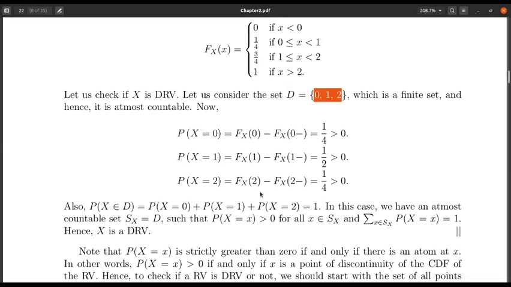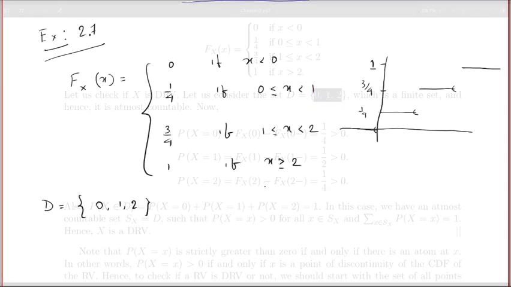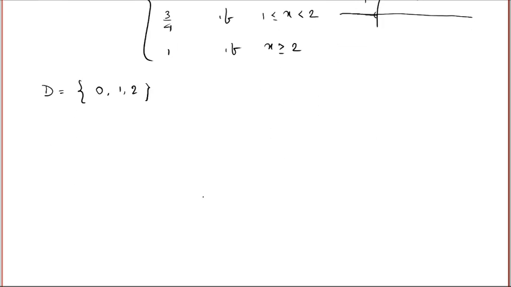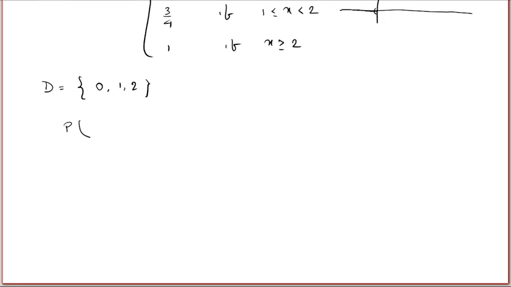In this case we can easily write the probability mass function, the PMF. As we got, the probability that X equals 0 is 1 by 4, the probability that X equals 1 is half, and the probability that X equals 2 is 1 by 4.